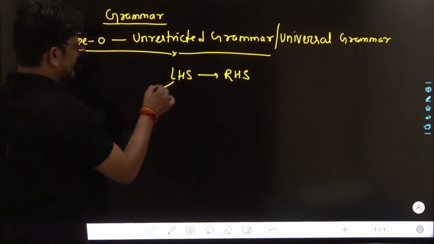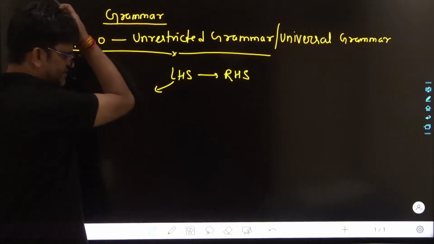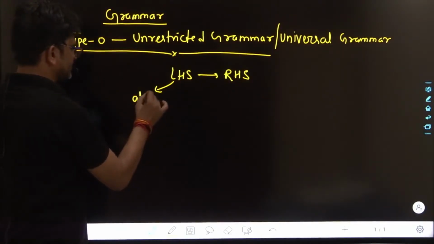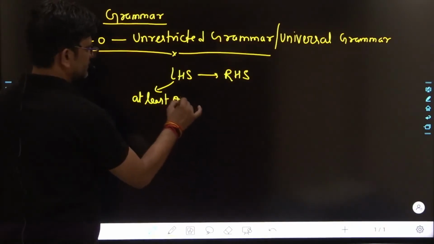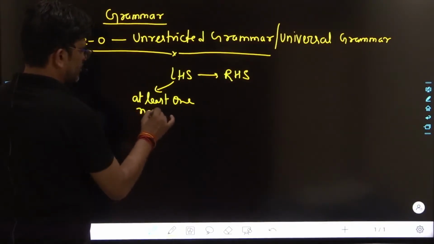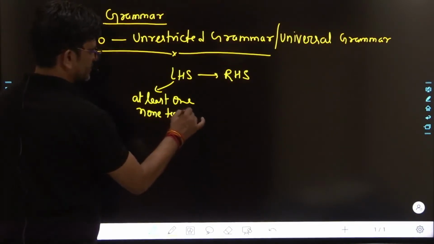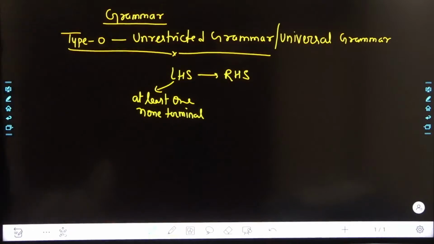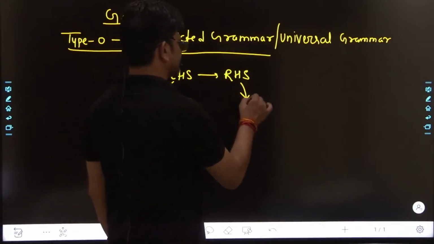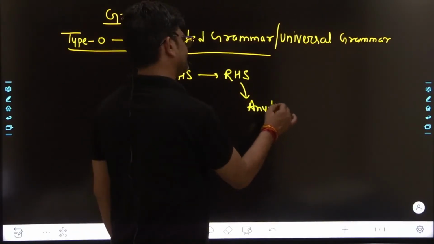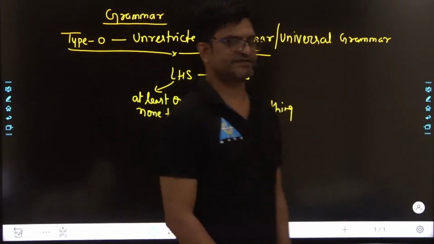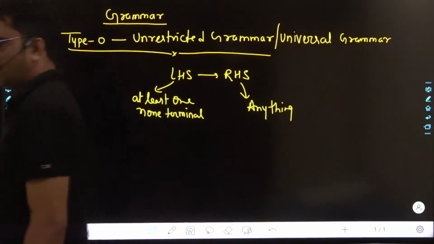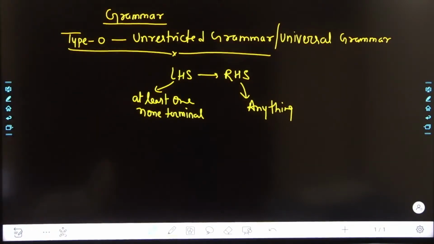In the left hand side there is at least one non-terminal, and right hand side can be anything: terminal, non-terminal, anything. So this is the definition of unrestricted grammar or type 0 grammar. Clear?